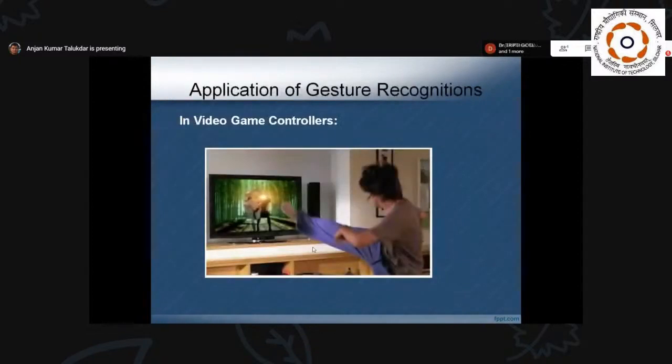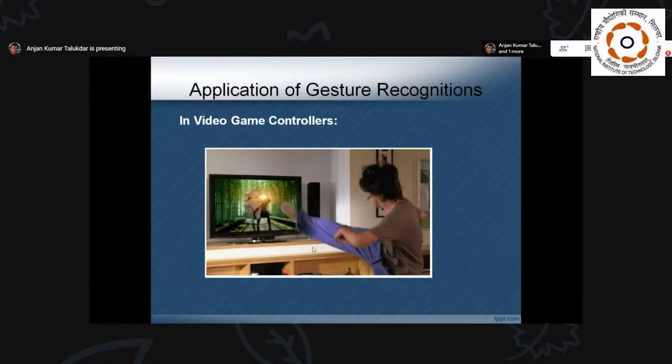Now, applications of gesture recognition. It has many applications nowadays. First of all, the video game controller. Nowadays smart TVs and smart cameras are coming. For example, Microsoft Xbox is a nice example. It uses a camera called the Kinect sensor, which I'll show in a later part.